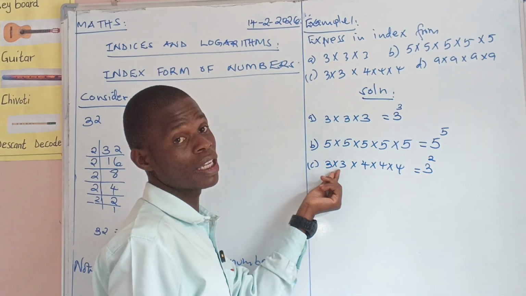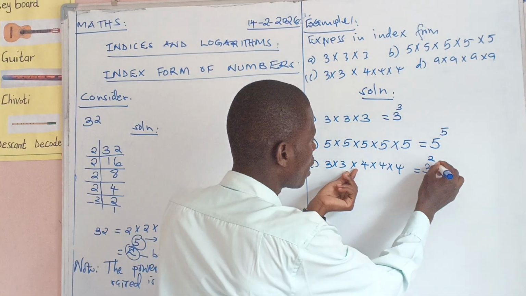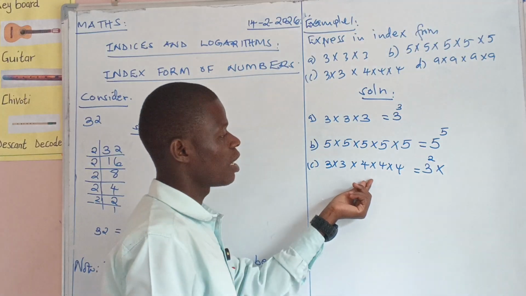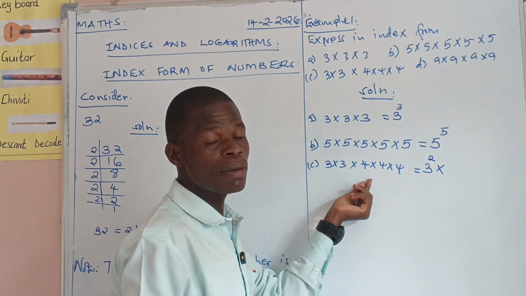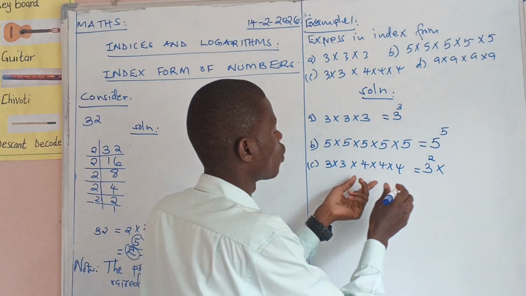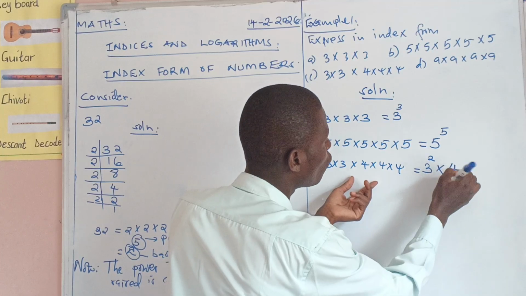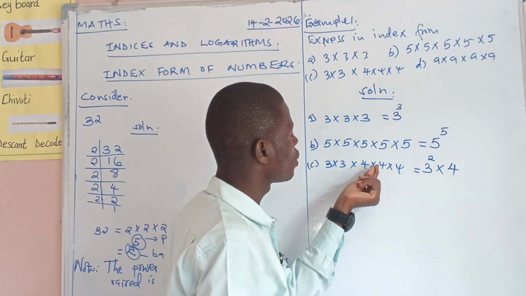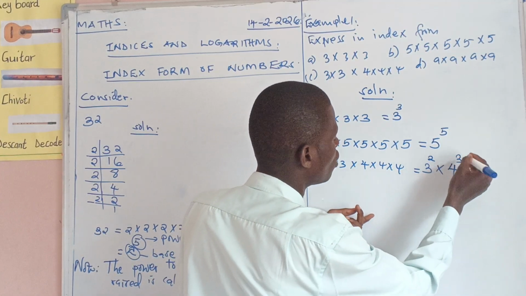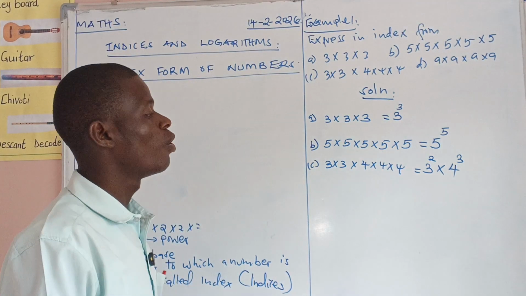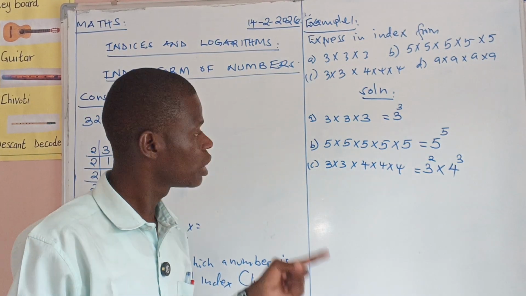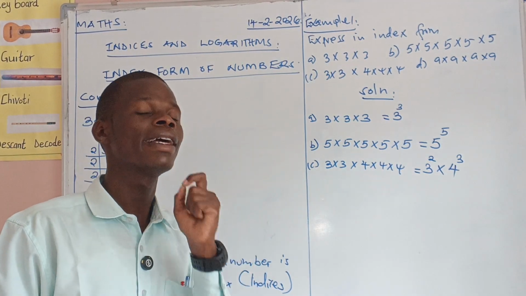So it is 3 raised to power 2. Then 4 is multiplied by itself how many times? 3 times. So I'm going to have 4 to the power 3. That is now 3 raised to power 2 times 4 raised to power 3.